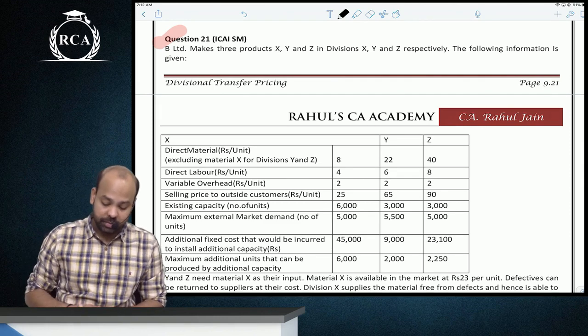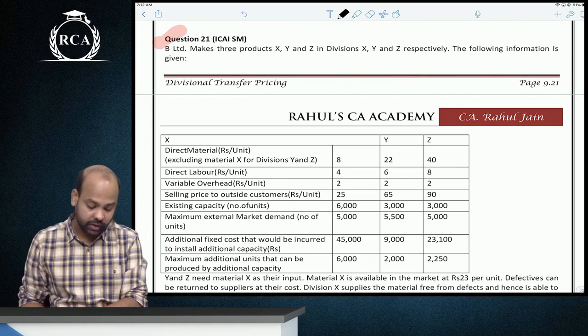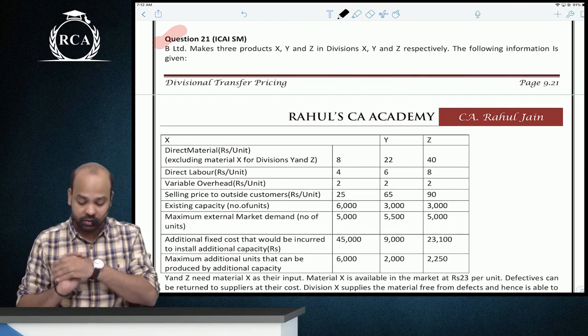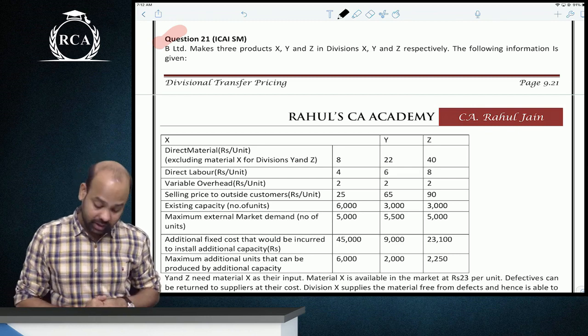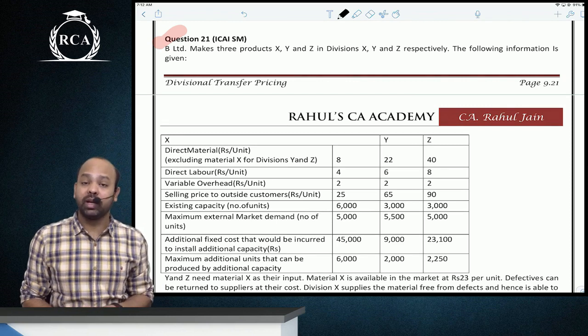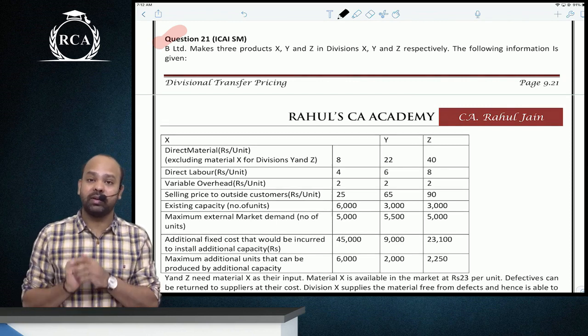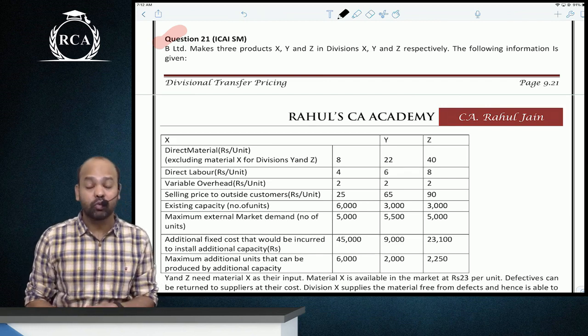Additional fixed costs would be incurred, guys, to install additional capacity, and there is a maximum number of additional units that can be produced by that capacity. So, guys, one new point here: we have an option of increasing our capacity. The capacity of division X is 6,000 units, and we can increase it by another 6,000 units, so it will become 12,000 units.